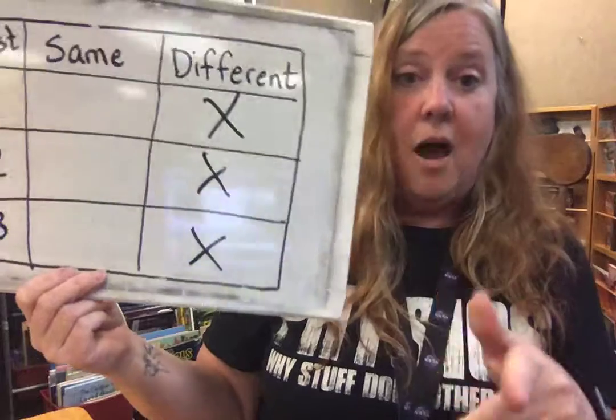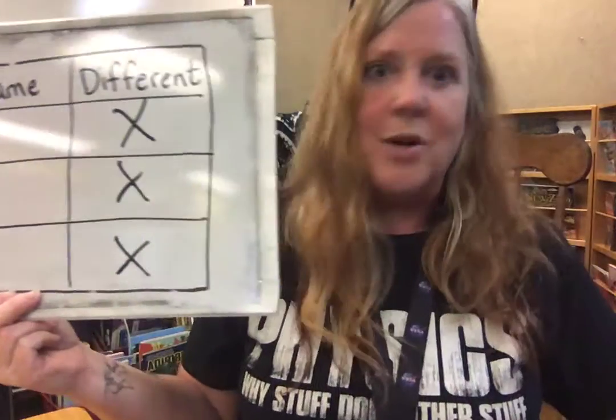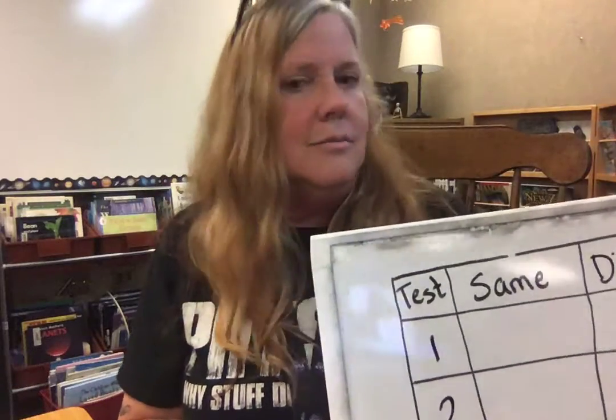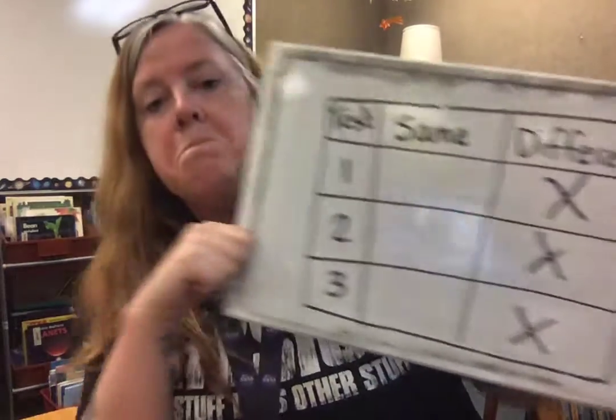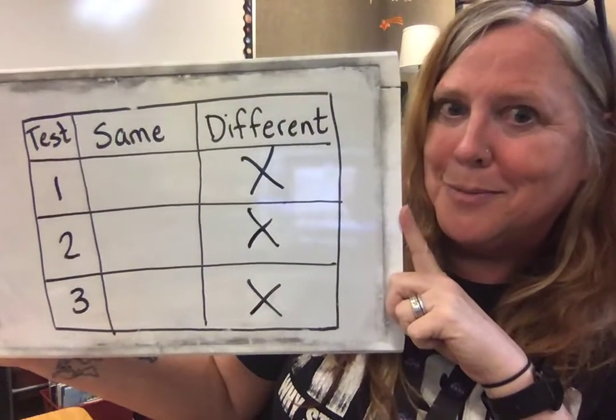Now, if your hypothesis was they're going to react the same, please remember, and I say this all the time, we don't ever get upset and go, oh man, I was wrong. No, all we say is, I just learned something. Cool. That's all it is, you guys. Doing a hypothesis and testing things out is not about finding out if you're right or if you're wrong. It's all about learning. That's all we're trying to do.